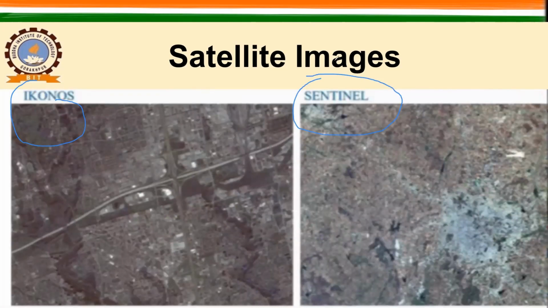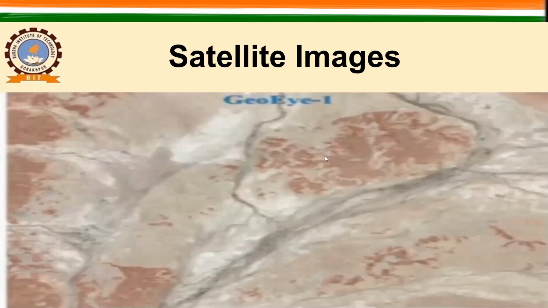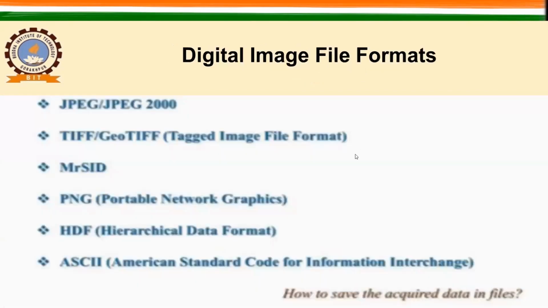Another example is there. One more example is of GeoEye. So the first one is JPEG. Okay, GeoEye 1. This is an example of GeoEye 1. So after this, now we have to know what the digital image file formats are.